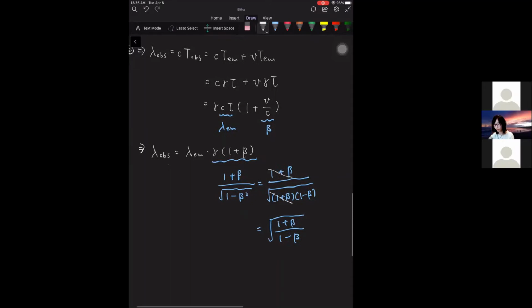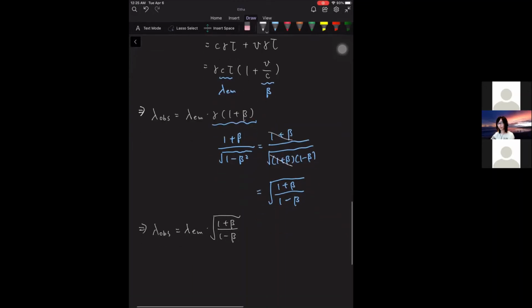Okay, so now we have derived the relation that the observed wavelength is the emitted wavelength times the square root of 1 plus beta over 1 minus beta, which is exactly the same as stated in your homework problem, right?